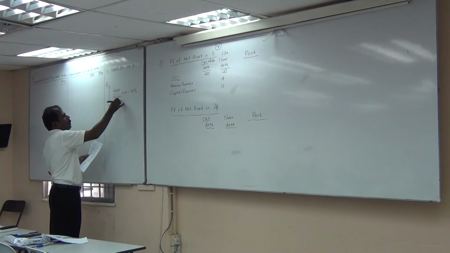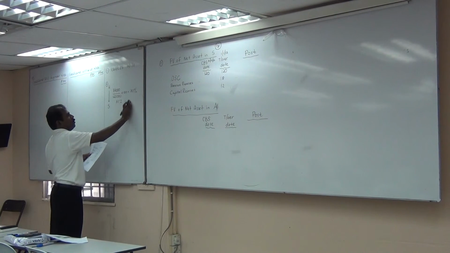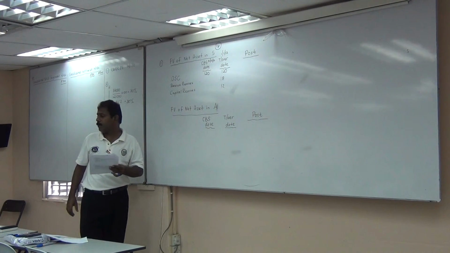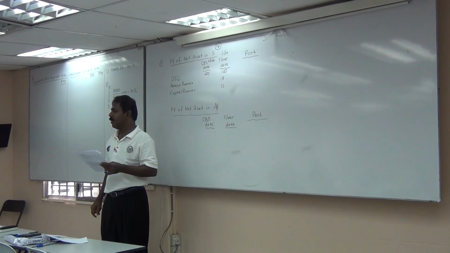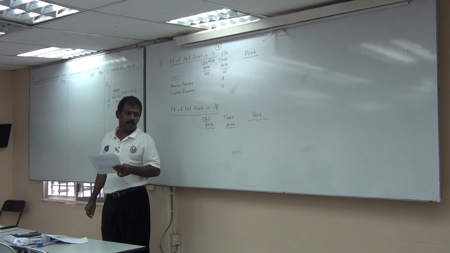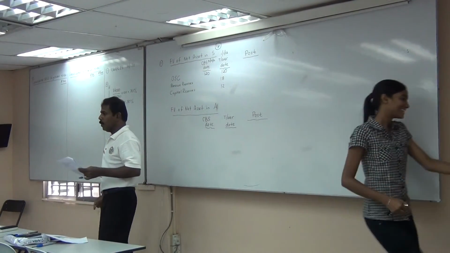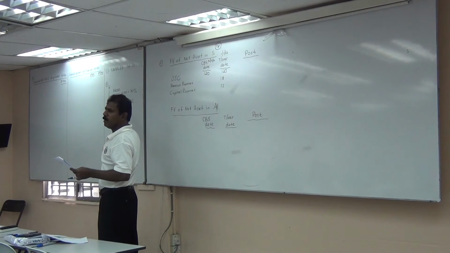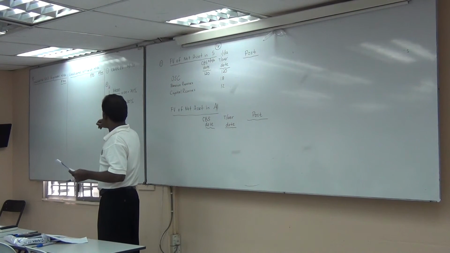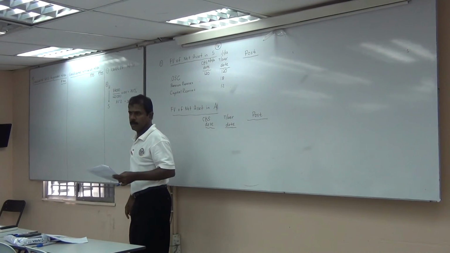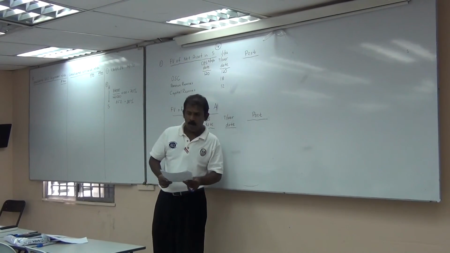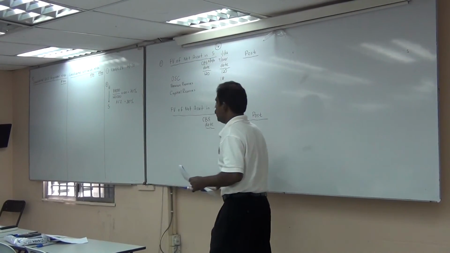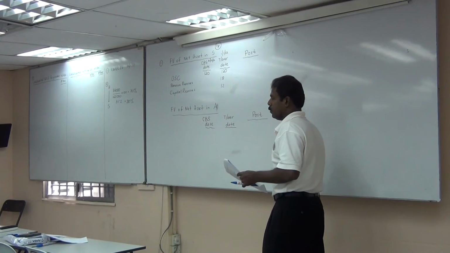NCI? 30%. Basic. Okay, note done, so once you finish, you must know where to enter.